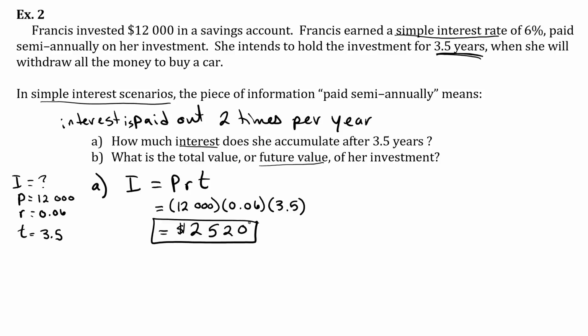What is the total value or future value of her investment? B part. So if this is the amount of interest that she has gained, and we know that the principal is 12,000, we can do a little bit of a formula here.